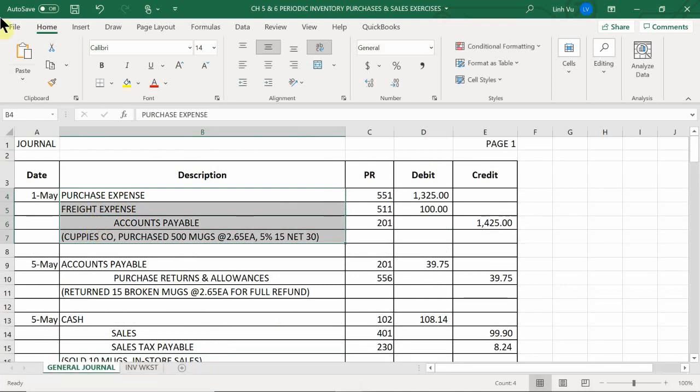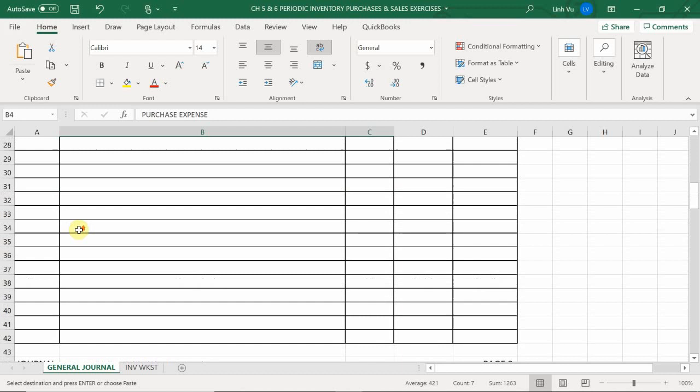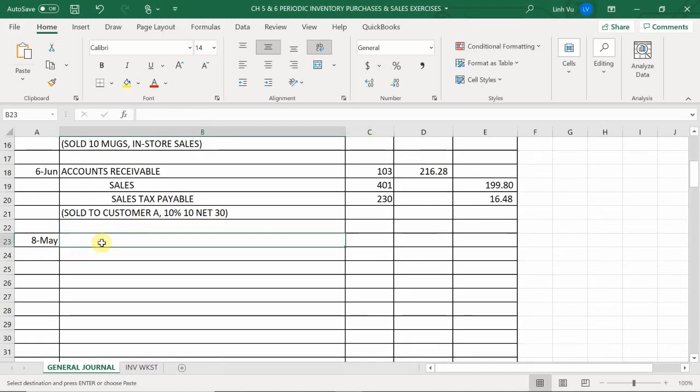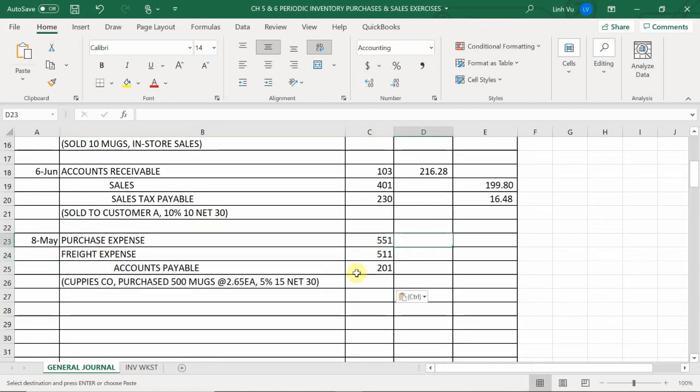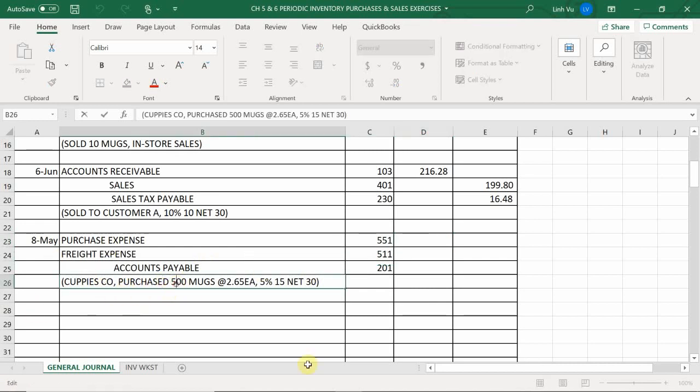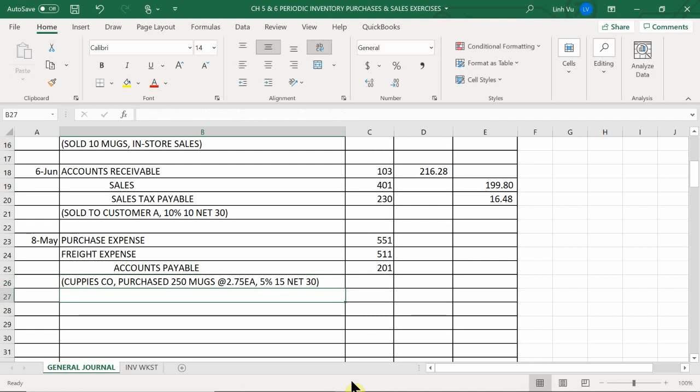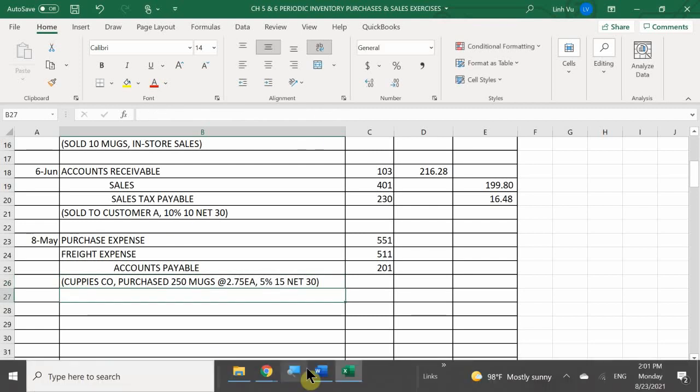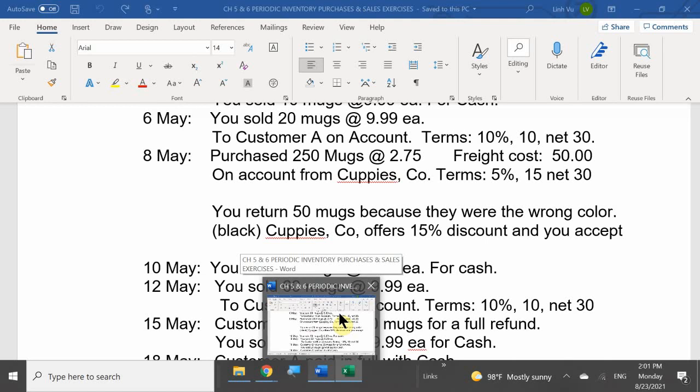So I'm going to copy the information from above here, except the information down here is that we end up purchasing 250 mugs at $2.75 each. So let's see, May 8th, you purchased 250 mugs at $2.75 each with a freight of $50.